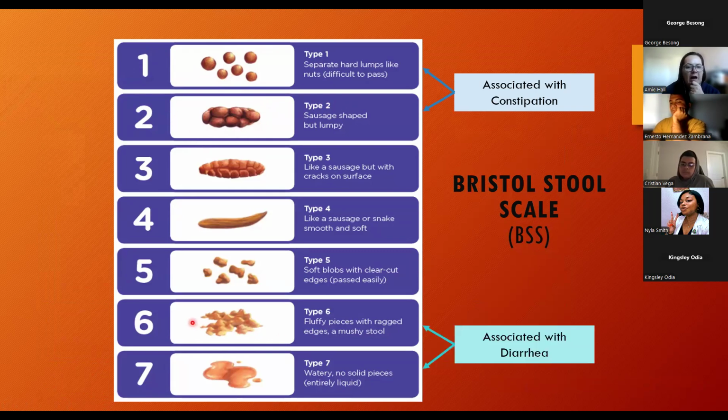If they're talking about fluffy pieces with ragged edges and a mushy stool, and watery with no solid pieces, this is associated with diarrhea. Remember, this has to be greater than 3 times a day. And this is less than 3 times a week.